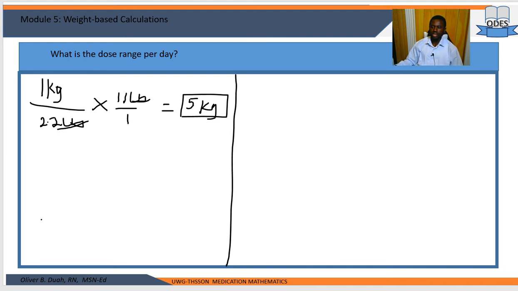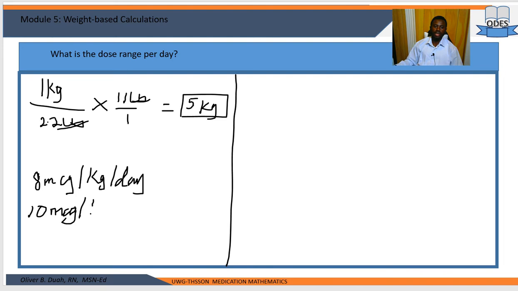We said that this medication's safe range is 8 mcg per kilogram per day to 10 micrograms per kilogram per day.